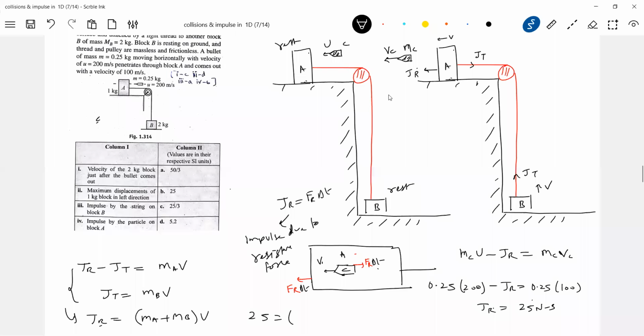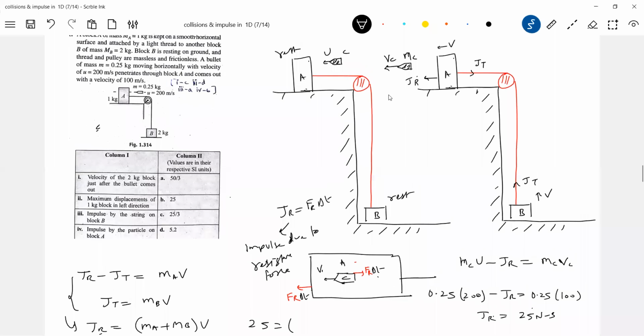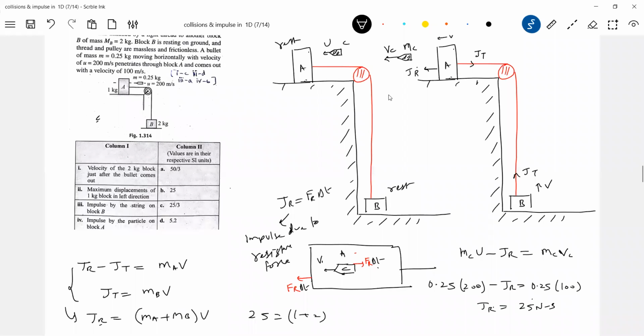MA is how much? 1 kg, so 1 plus 2 into V. So V equal to 25 by 3 meter per second. Now calculate JT. MB is 2 into 25 by 3.